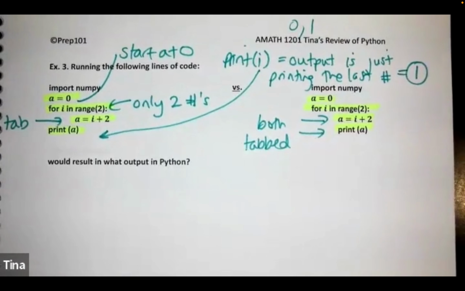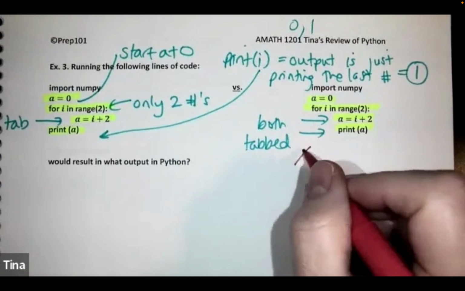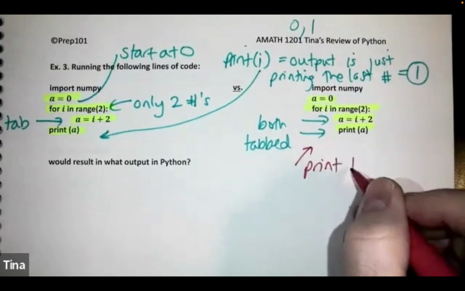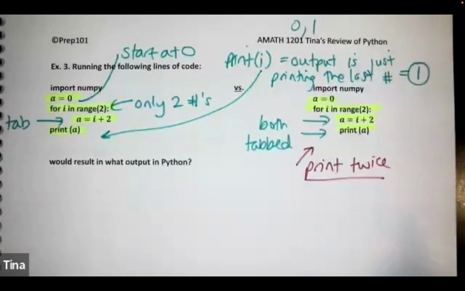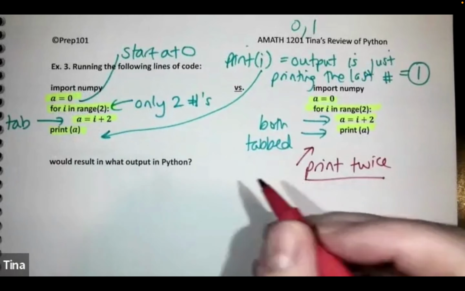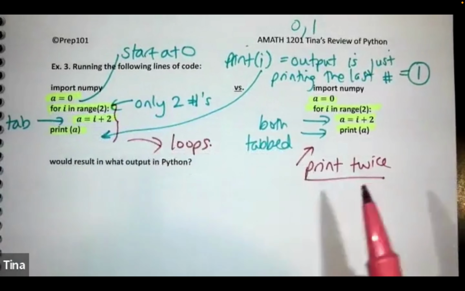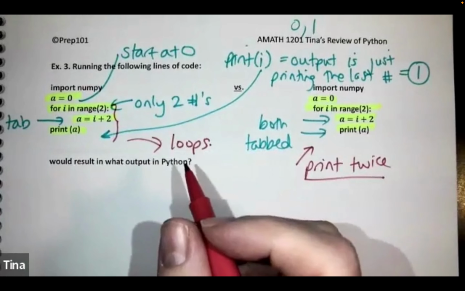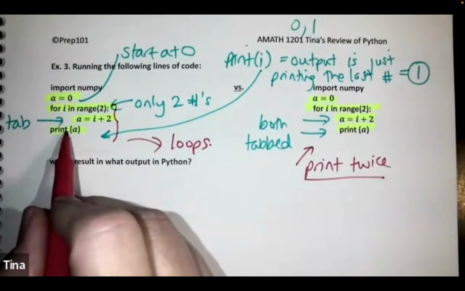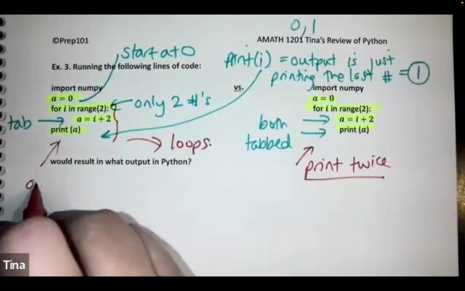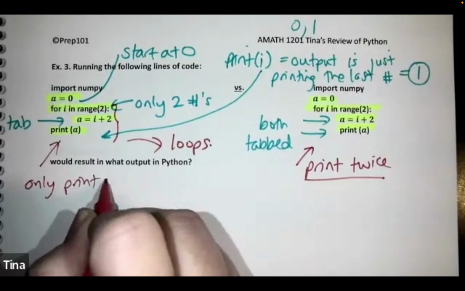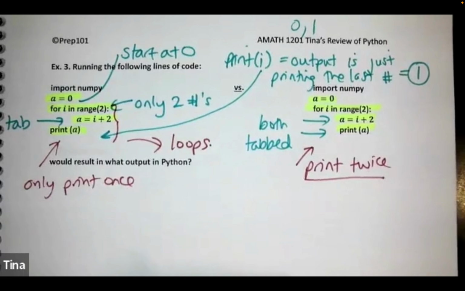Okay, but here, when both are tabbed, that means it's going to print twice. Now, these are what we call loops, right? So when you see this whole range and all this, it means, well, for this one, because this is only tabbed once, this one's only going to print once. But over here, we'll print twice.